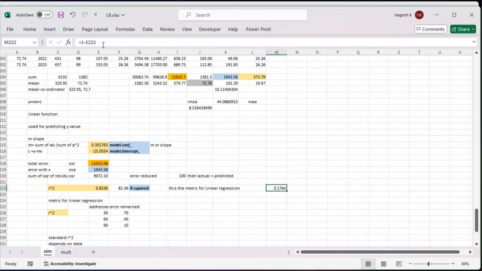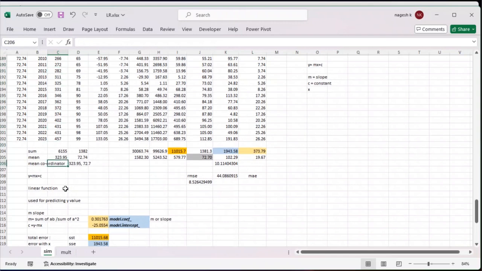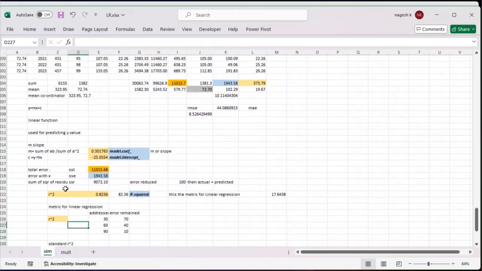If you take this one as a percentage, it is 17%. So this is what the linear regression gives.